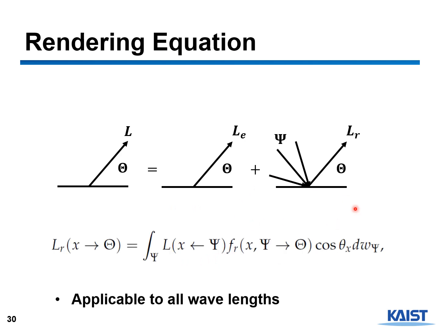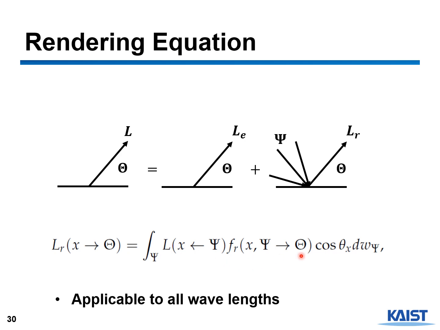If you look at the reflected radiance L sub r in the direction of theta from x, we need to think about the incoming rays. There could be any possible incoming ray direction, so we need to consider all possible incoming directions. We integrate over psi, defined over the hemisphere. We think about the incoming radiance to the point x from the direction of psi, and this surface may reflect some of the incoming energy.